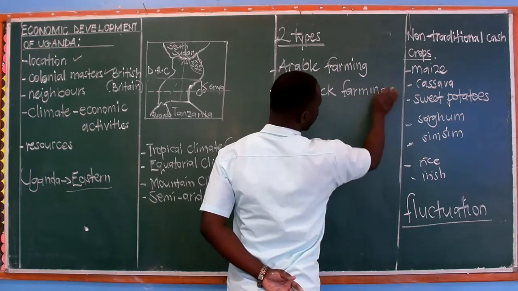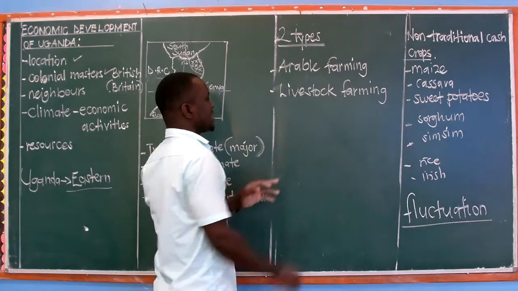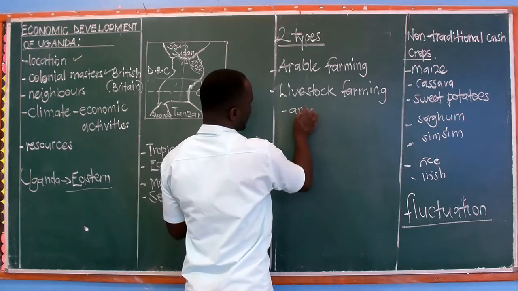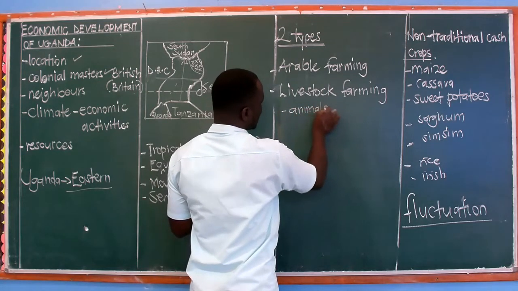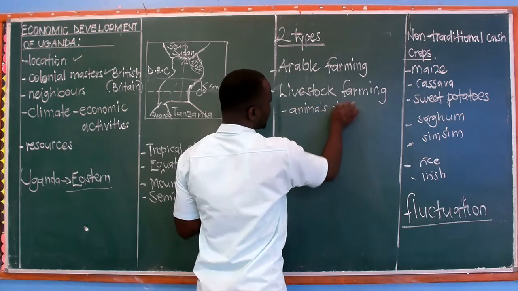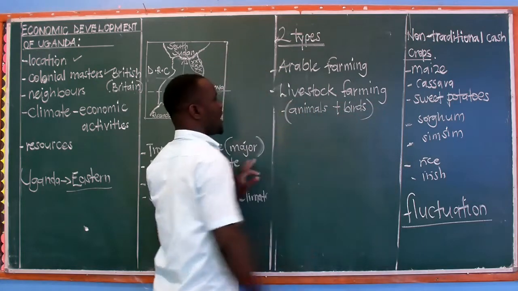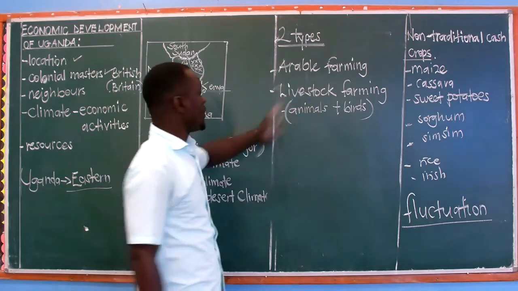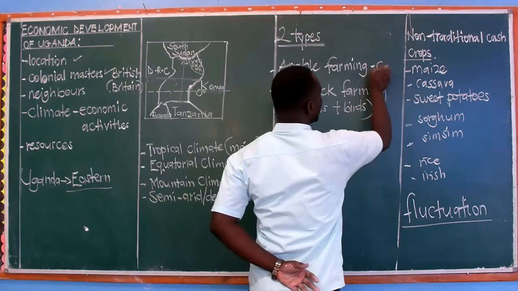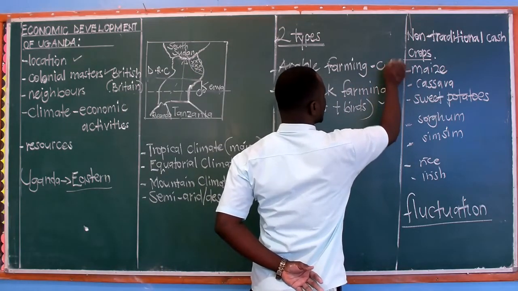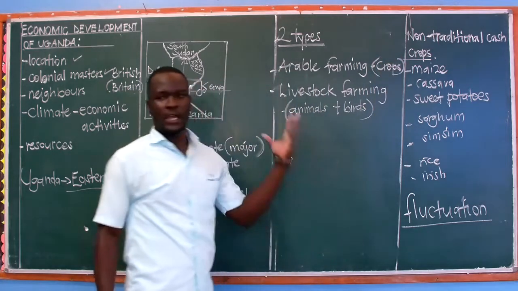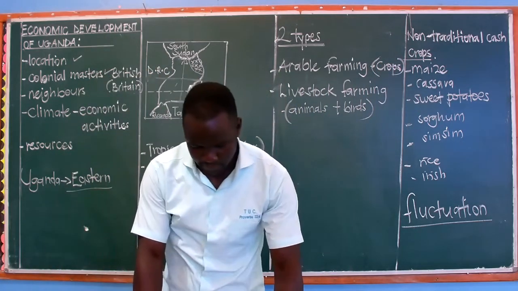Livestock farming, we are looking at the rearing of domestic animals, of course, together with the birds. That is about livestock farming. Whereas arable farming deals with growing crops. So we are going to be discussing those.